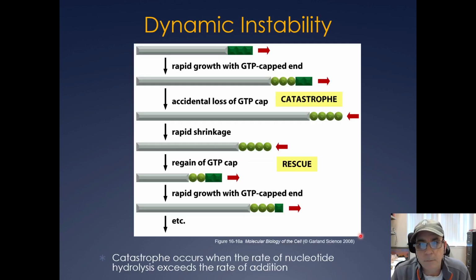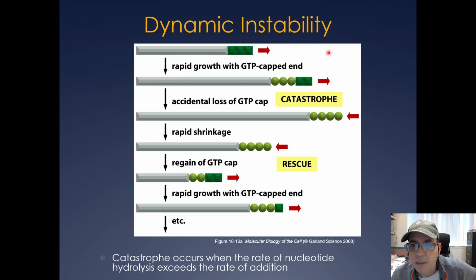Another thing that microtubules undergo is this thing called dynamic instability. And I really want you guys to understand dynamic instability because it becomes really important in the cell cycle. Okay, and so with dynamic instability, oftentimes you'll have a nucleating factor down here on the minus end, so the minus end doesn't really change, but you'll end up having rapid growth with the GTP cap.